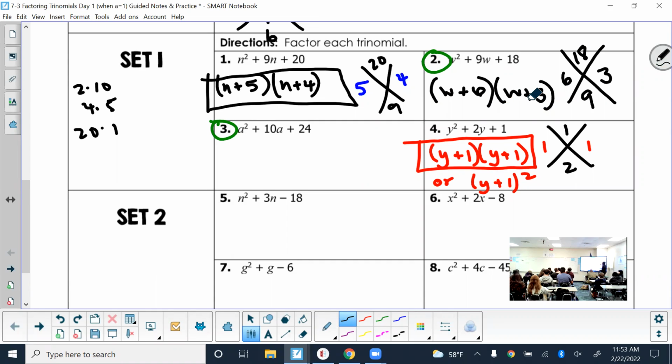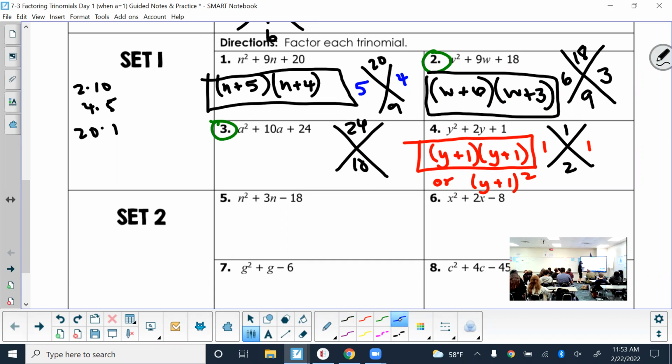And yes, you can have these the other way around. W plus 3 and W plus 6. All right. Questions on 2? So now look at 3. 3 might have been a little more challenging because there's actually quite a few sets of numbers that multiply to 24.